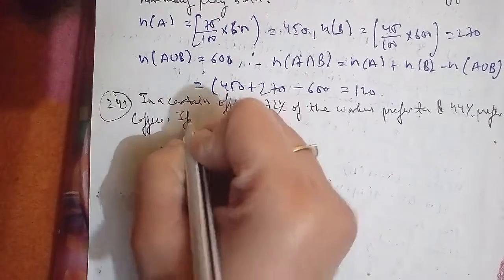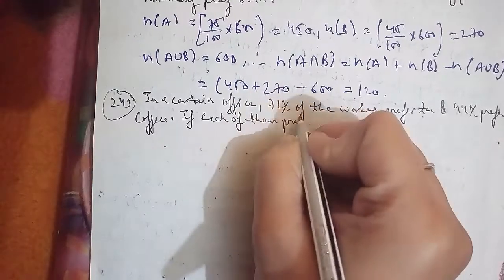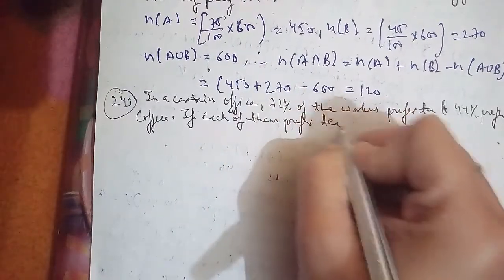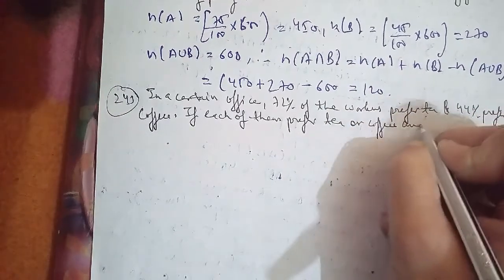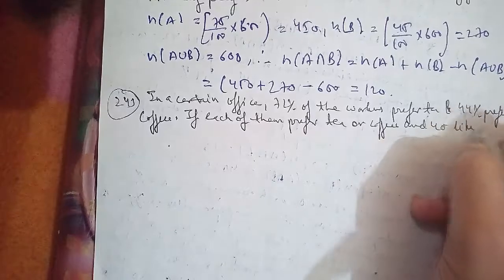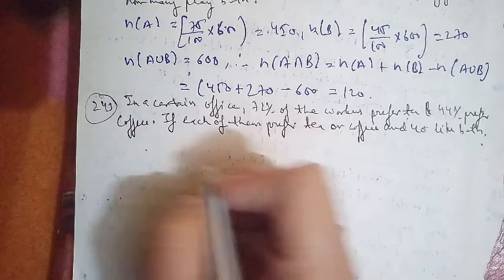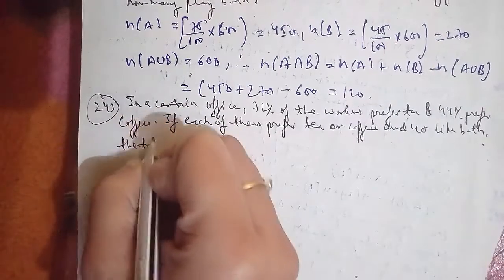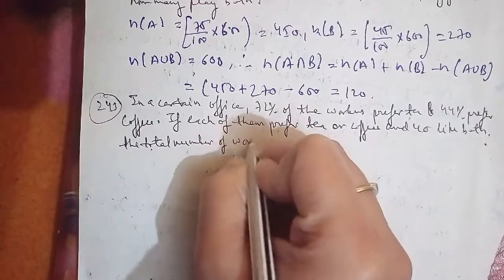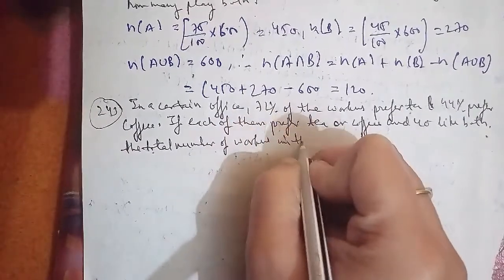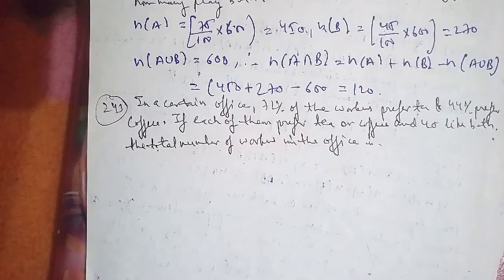If each of them prefers tea or coffee and 40 like both, the total number of workers in the office is? So we go ahead for the same.